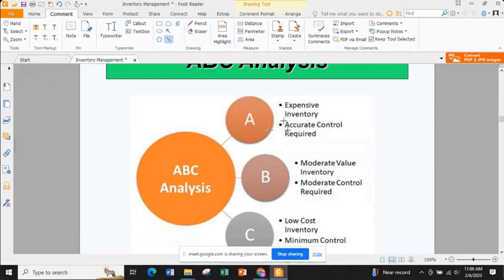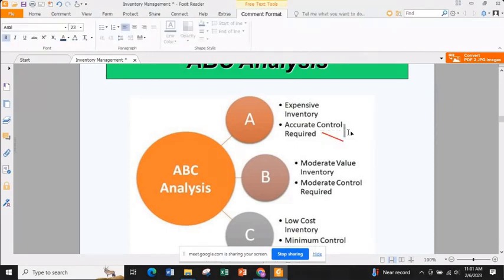Once you identify the expensive inventory, then you need to invest in good people, high quality machines or high quality inspectors. The inspector is an engineer.